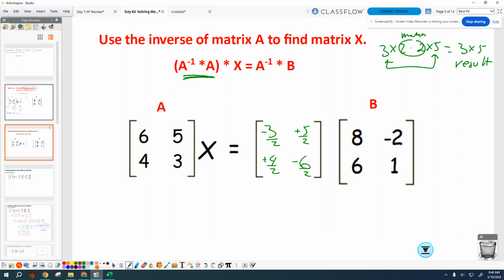Okay, so now if I traded places of the matrices, if I said I want to do 2x5 times 3x2, can I do that multiplying? Do the 3 and the 2 inside match? Can't do that.